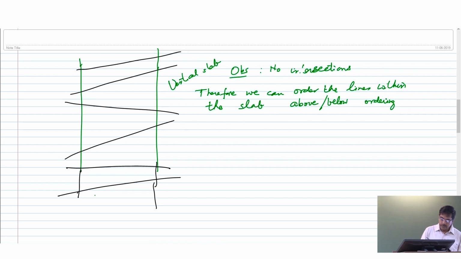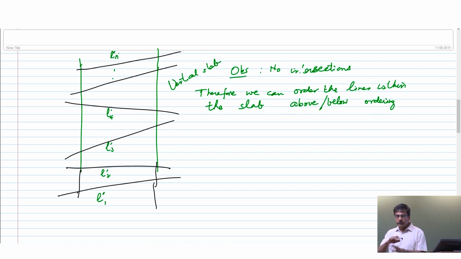If I give them some names, let us say L prime 1, L prime 2, L prime 3, L prime 4, and all the n lines will cross, because there are n of them, up to L prime n. Within the slab, L prime 4 is above L prime 3, L prime 3 is above L prime 2, and so on. The ordering is not going to change within the slab. In another slab they may intersect and change the ordering, but within a particular slab the ordering is fixed.